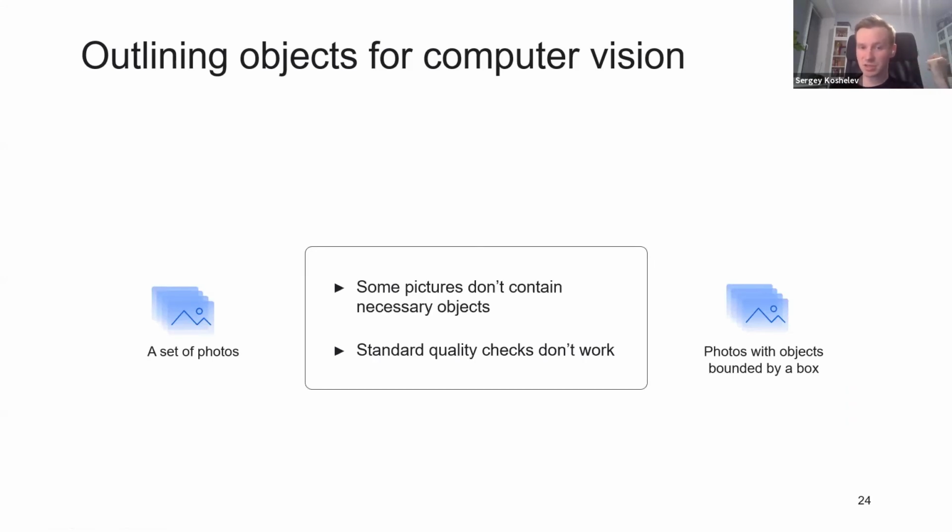Some pictures might not even contain the necessary objects because you never know, your data set might be quite raw. And it's very hard to apply standard quality control methods for outlining with bounding boxes. It would be hard to apply majority vote when you're talking about coordinates in the picture.